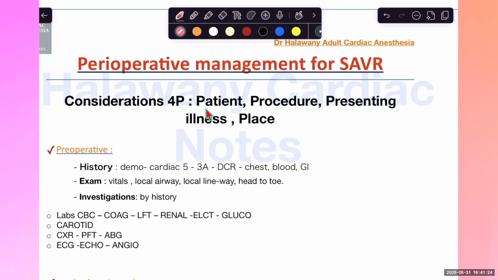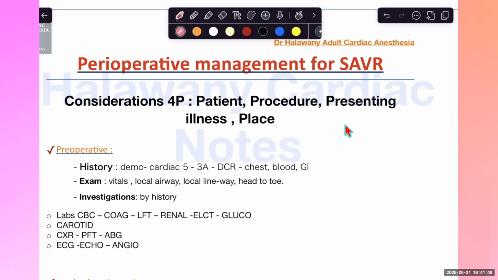Patient: what type of patient you are dealing with in the preoperative, you will see in the demographics. This patient is old or young, meaning this patient is 40, or he is 80 or 90 years old. The procedure here is SAVR, surgical aortic valve replacement, and we will speak about it in detail.